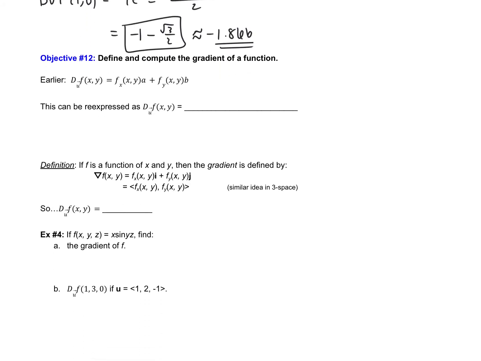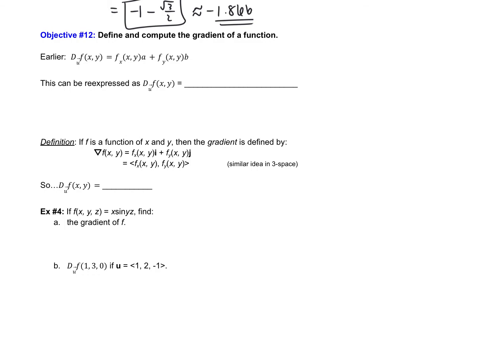Okay, so what we've already talked about is we have the directional derivative is the partial with respect to x, times a, which is the x coordinate of the unit vector, and we're going to add to that the partial derivative with respect to y multiplied by the y component of the unit vector.